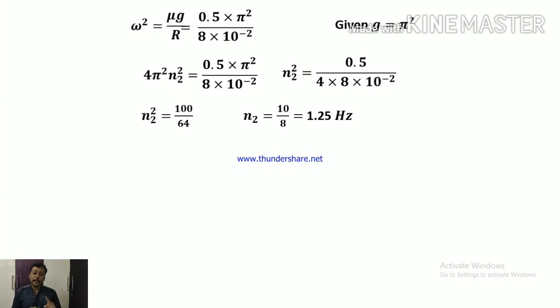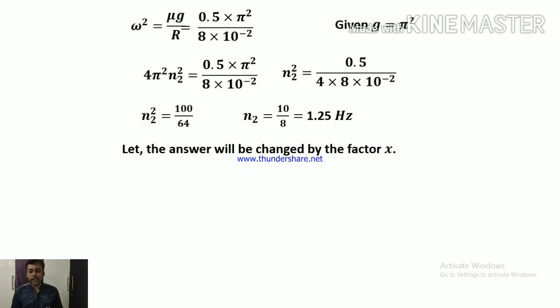So n1 and n2 are here, n1 is 2 hertz, n2 is 1.25 hertz. Let the answer be changed by the factor x, means n1 is 2 and n2 is 1.25, so from n1 to n2 it is changed by the factor x. Here we have to determine this x, and for this take the ratio, consider n2 is equal to x n1.